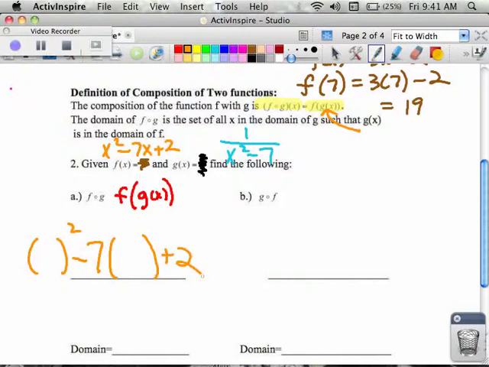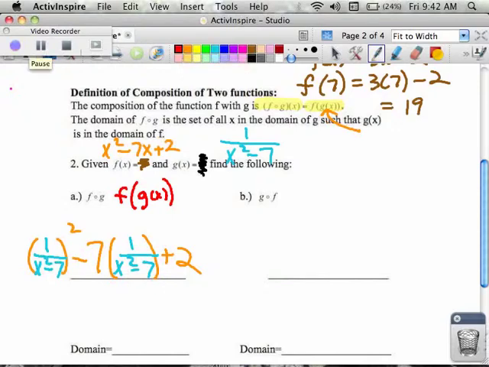What's going into the f function? The g function. So now I take the whole g function, and wherever I see those parentheses, I shove it in there. So this is going to be 1 over x squared minus 7 here, and 1 over x squared minus 7 there.